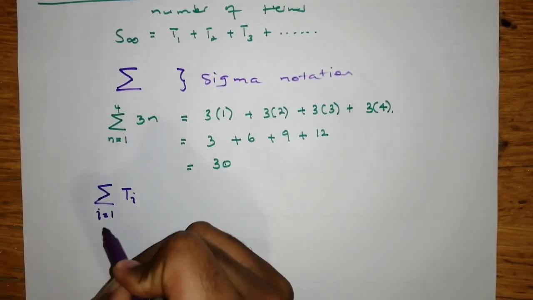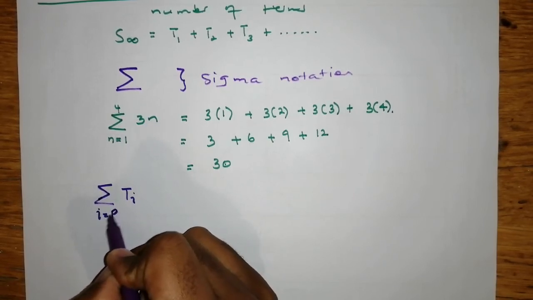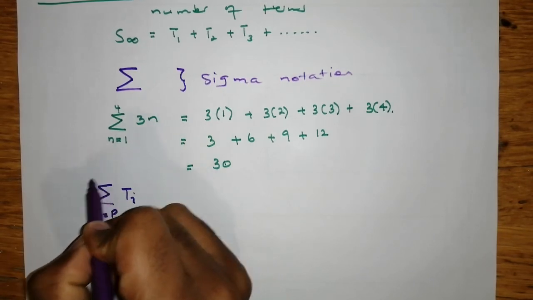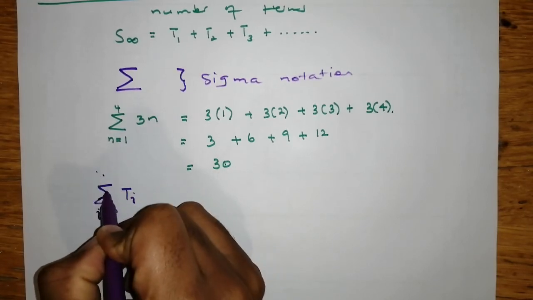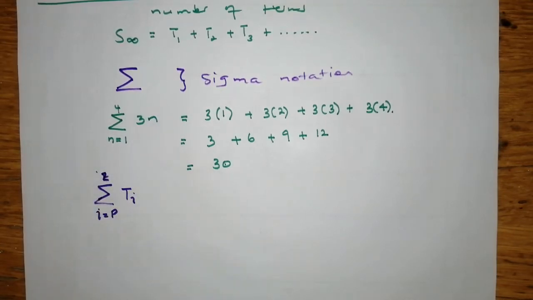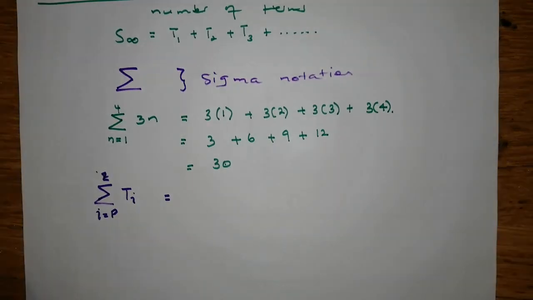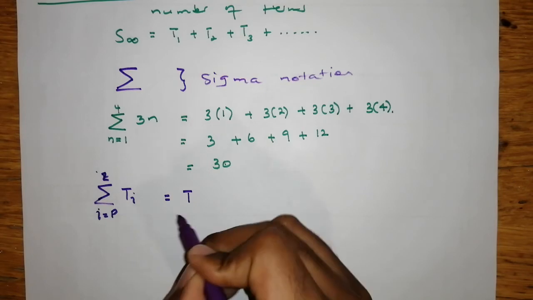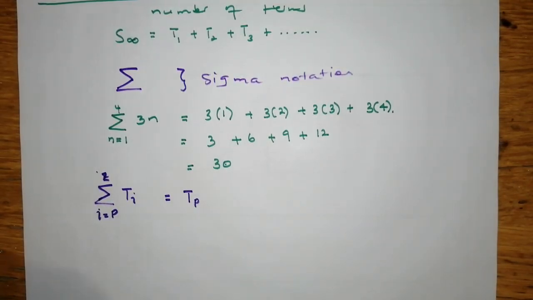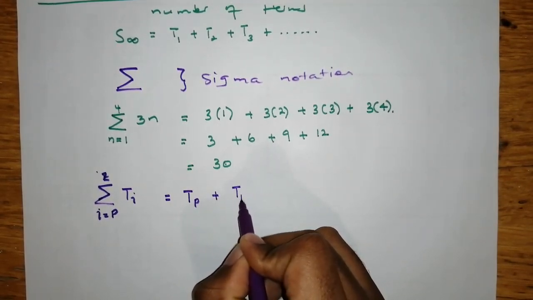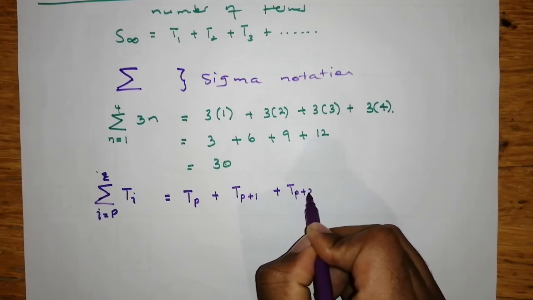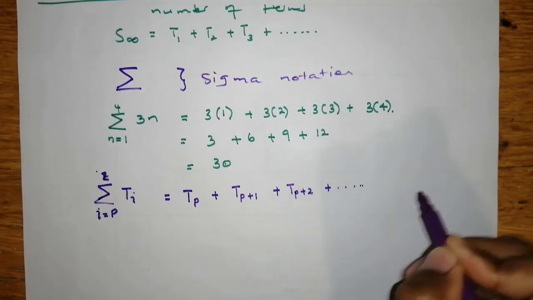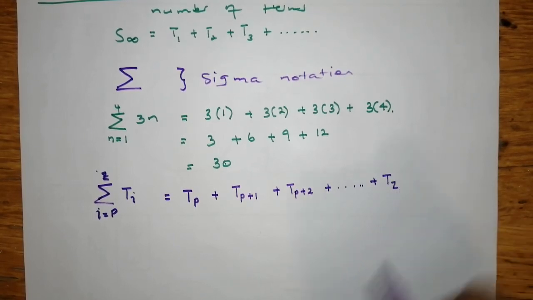Let me use an alphabet: i equals P, until, let's say, Z. What is going to happen here is a summation of terms in this way. The first term is going to be TP, the second term is going to be TP plus 1, the third term is going to be TP plus 2. Then we are going to keep on summing until we get to TZ.